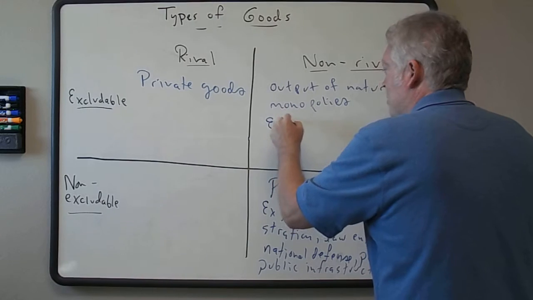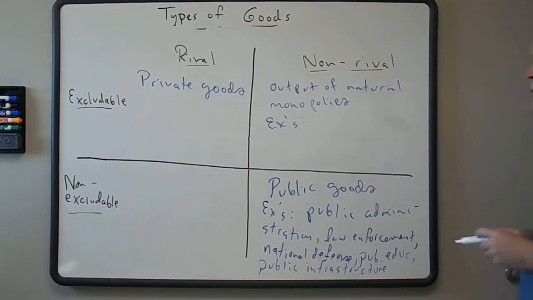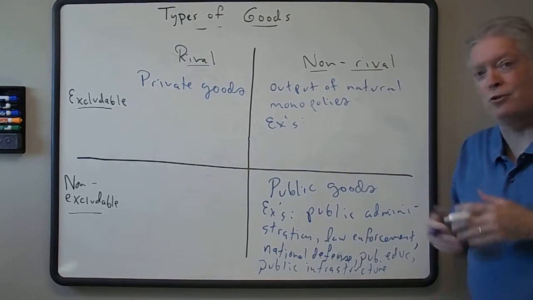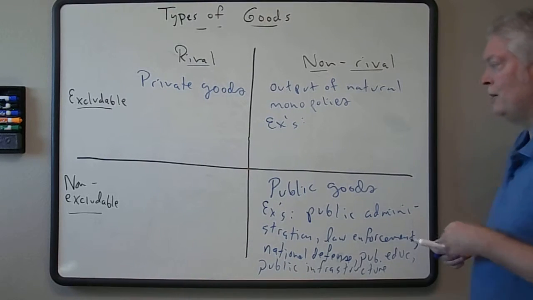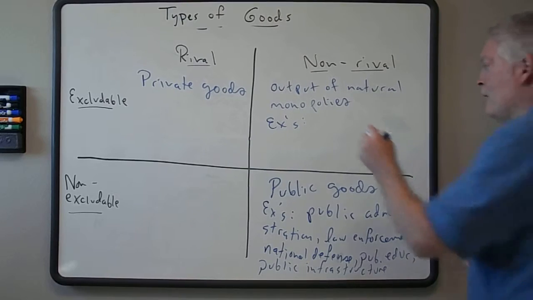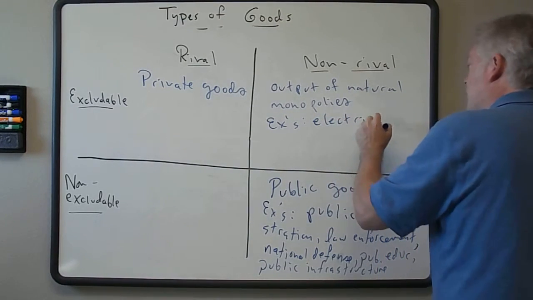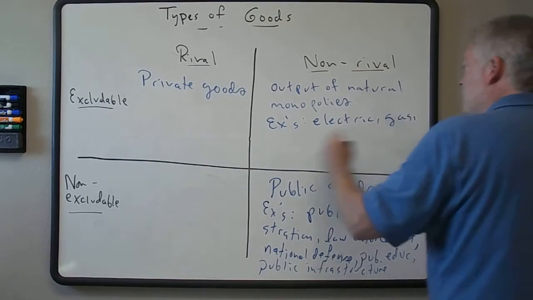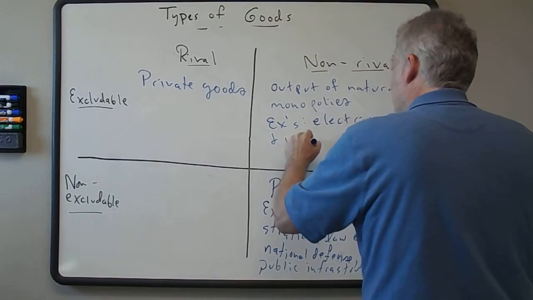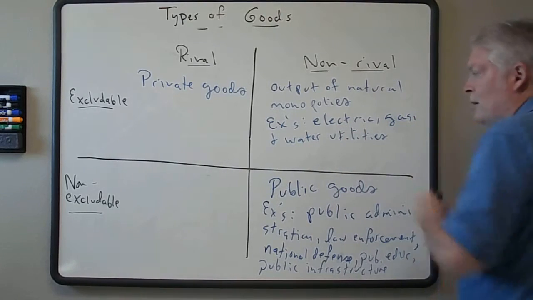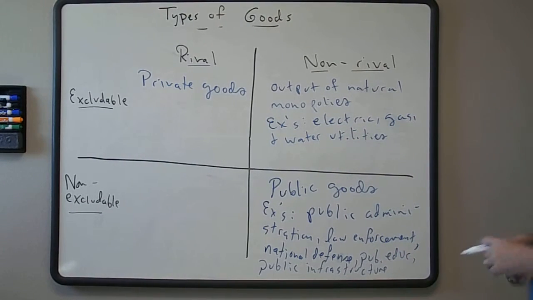There's a reason why we call them natural monopolies, and it has to do with the fact that the structure of the industry, particularly the cost structure, only really allows one producer. The best example of this would be something like electric and gas utilities. Electric utilities, we could add water if you like: electric, gas, and water utilities. In most communities in America, there's only one provider of electricity, one provider of natural gas, one provider of water.